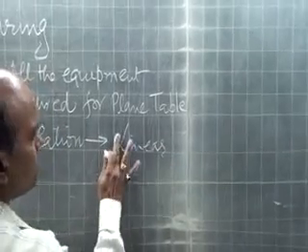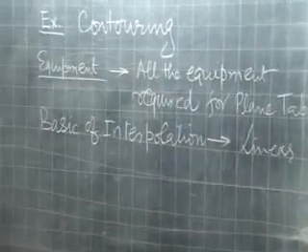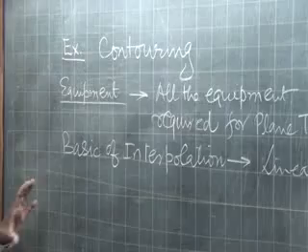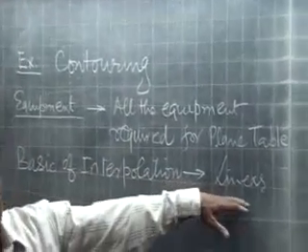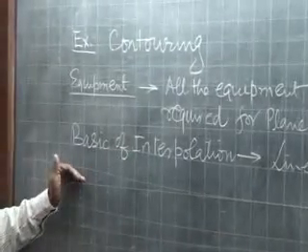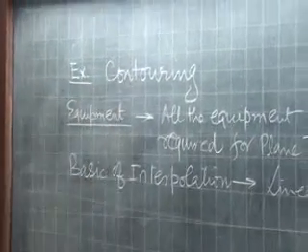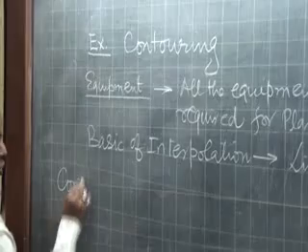So what we do is we will take some measurements first, and after taking the measurements we will be doing interpolation, linear interpolation. But prior to that I would like to explain you what is the meaning of the contour.